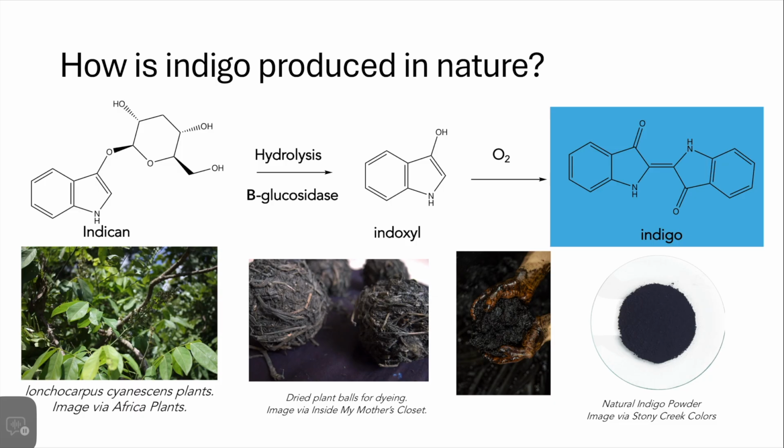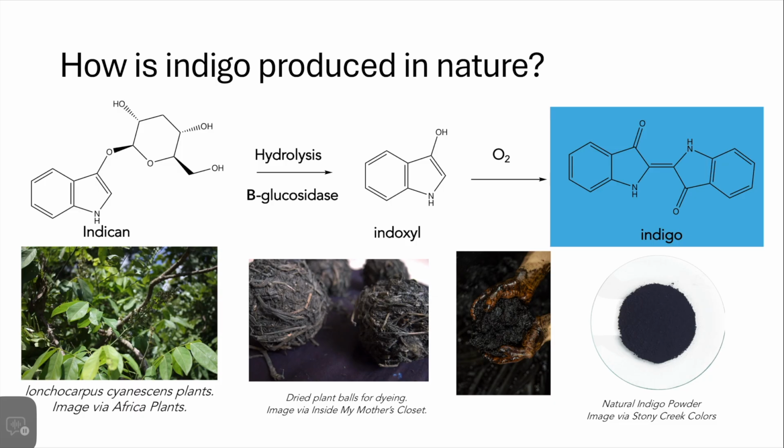Now, again, indigo originally and still comes from plants, but you don't just find a blue plant and then take the indigo out of it. It's a little bit more complicated. So plants that produce indigo make a precursor molecule called indican.